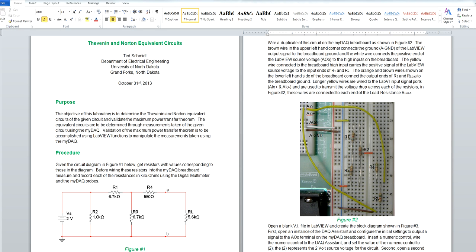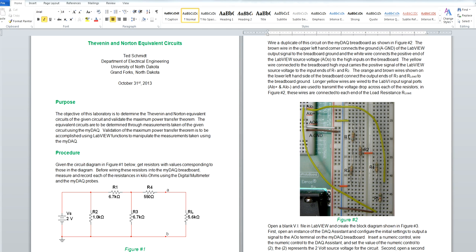Notice as I'm moving the cursor across, you can see the orange wire which extends from the outlet node of resistor 3 to ground, just as shown in Figure 1. Load resistor 2 also extends to ground. Notice it shares a common outlet node with resistor 3, just as you see in Figure 1.